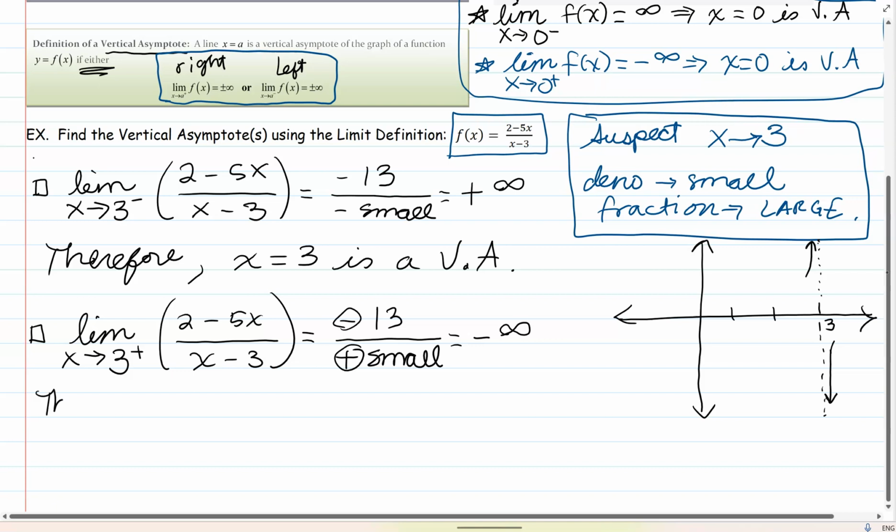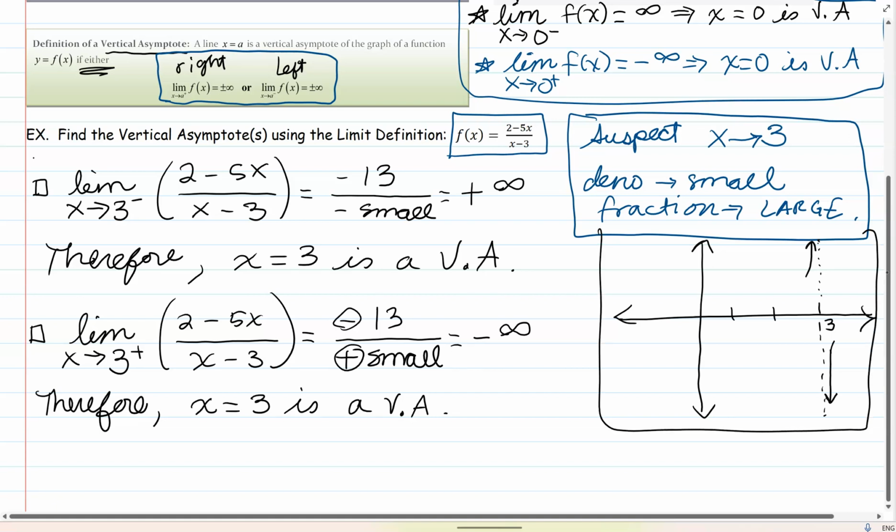Therefore, by the definition of vertical asymptote, x equals 3 is a vertical asymptote, and that's the behavior of the function when x is approaching 3.